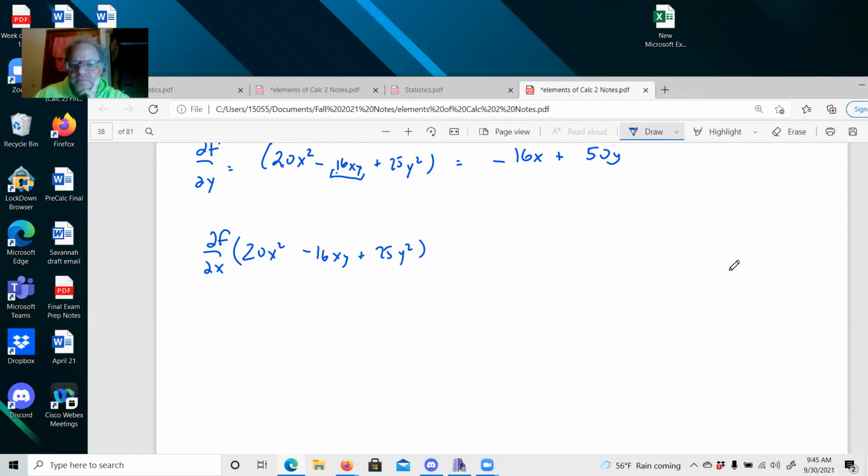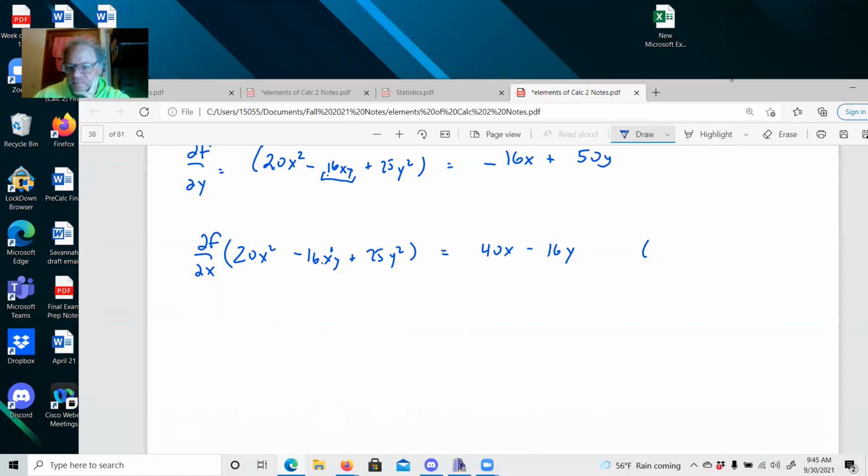Actually, I should do it that way. So I'm going to take this with respect to x. That's going to be, again, 40x minus 16. X is a variable, so y is still constant. Okay, so the derivative of x is just going to be, right, x to the 1 becomes x to the 0. We just have the constant left. Okay, and there's nothing left. And we want to evaluate it at, what do we want to evaluate? We want to evaluate at (1, -3).